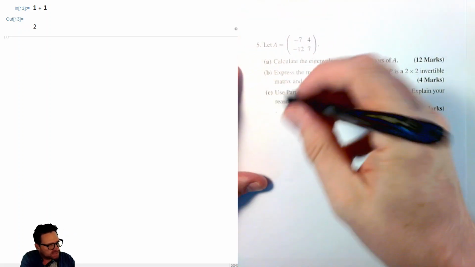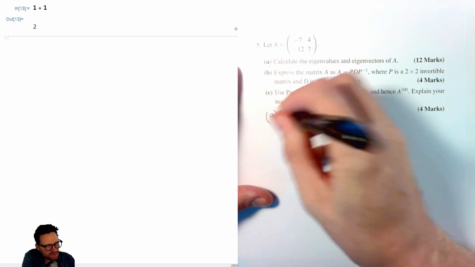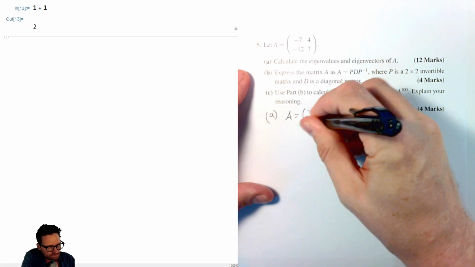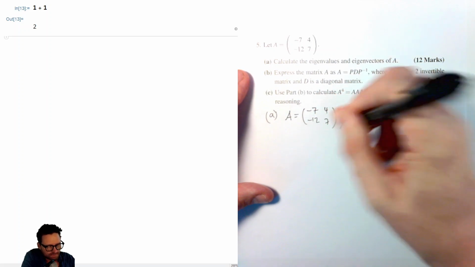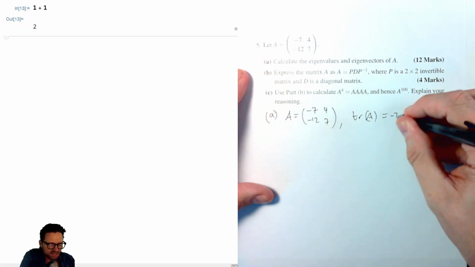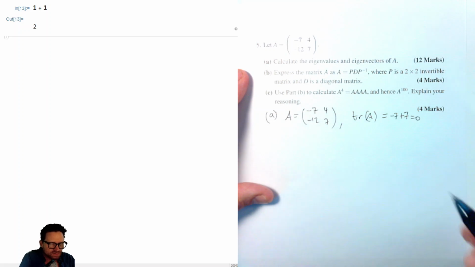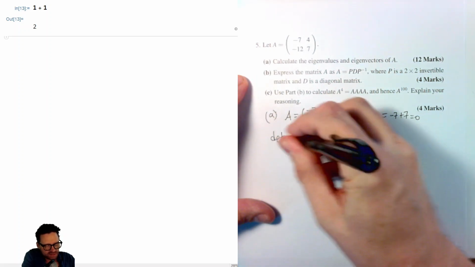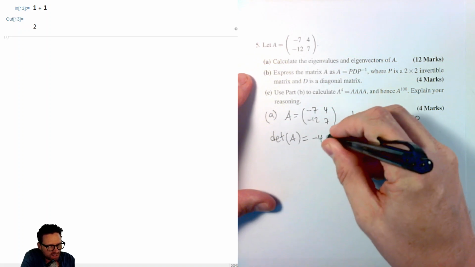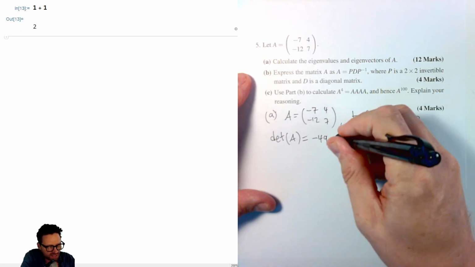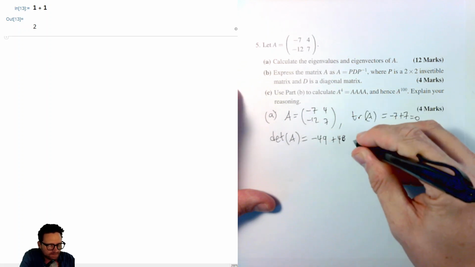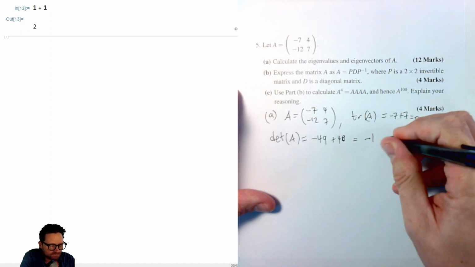Okay, so let's take the trace of the matrix A, which is the sum of the diagonal elements, so minus 7 plus 7, which is 0. And the determinant of A is minus 49 minus minus 48, which is plus 48, which is minus 1.